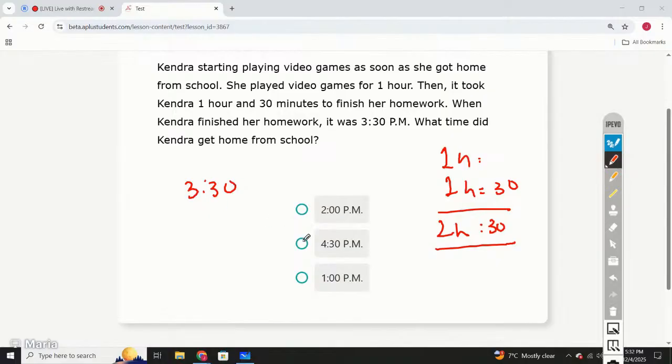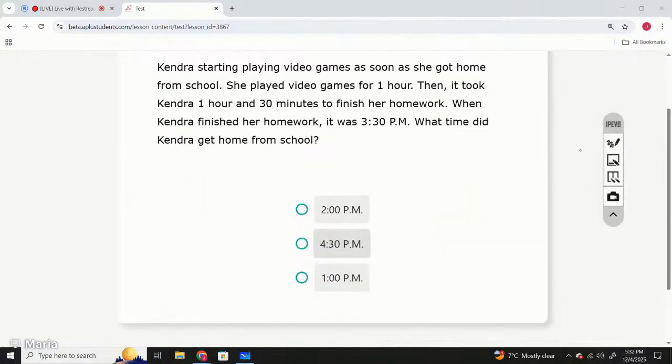Go back 2 hours 30 minutes. So you end up on 1 p.m. So the correct option is 1 p.m.